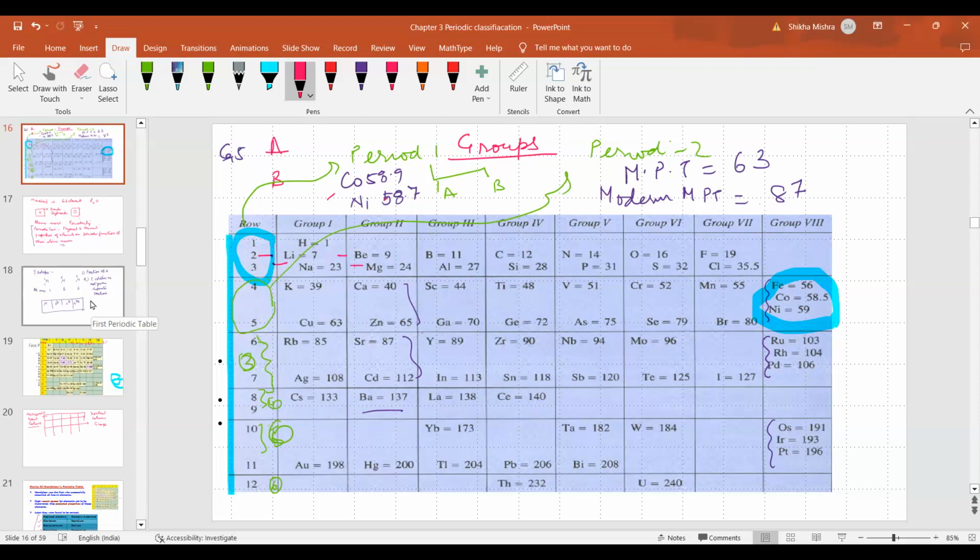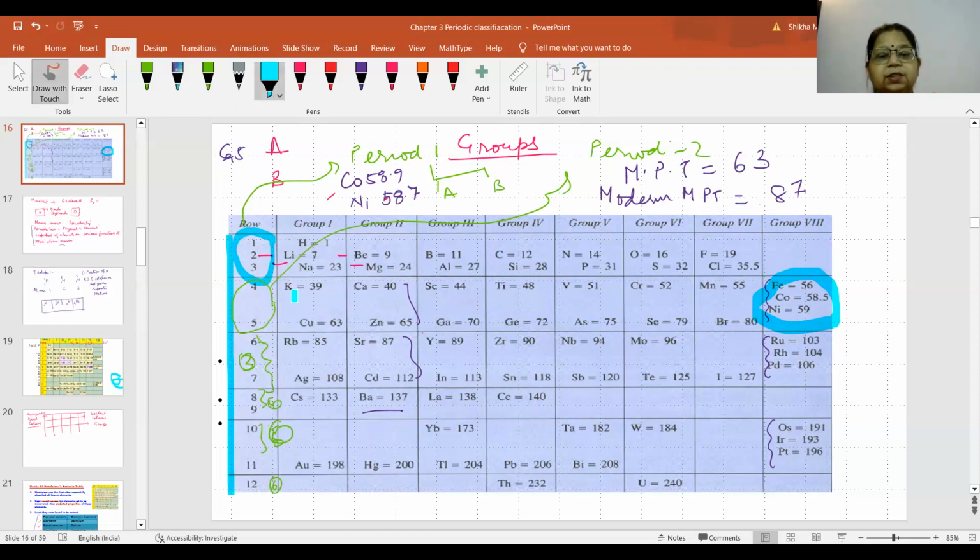Yes, ma'am. Okay. Now moving to the next point, that some elements with dissimilar properties are kept together. If I look at this group, potassium and copper, we know copper is highly unreactive.